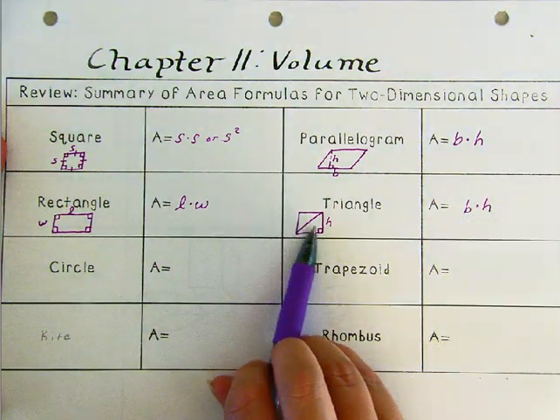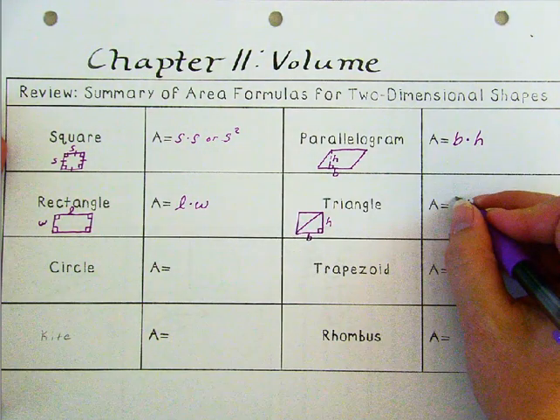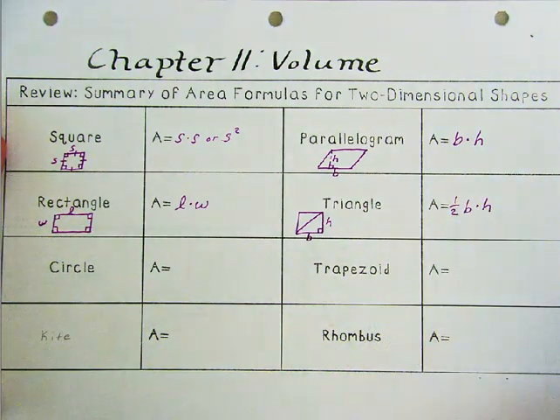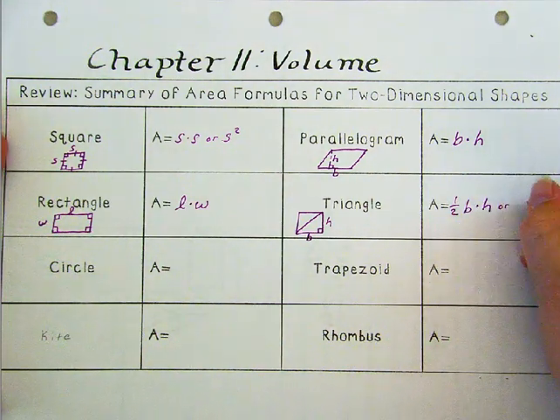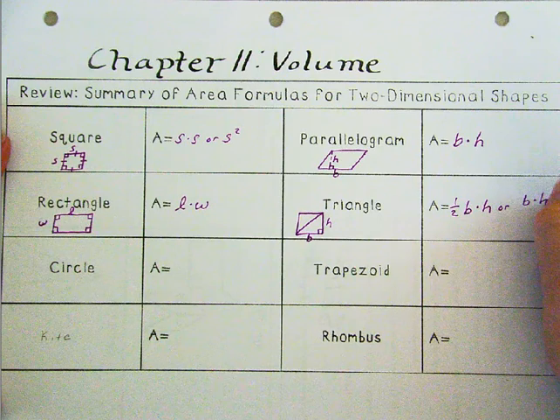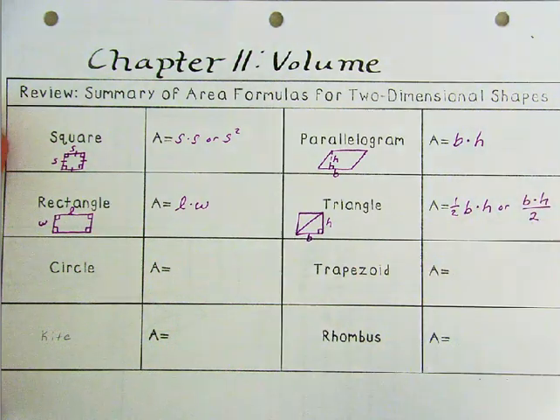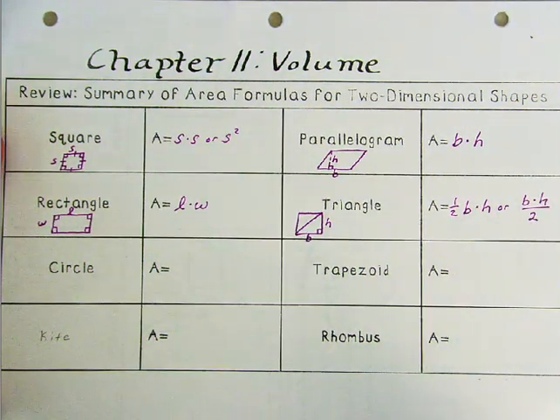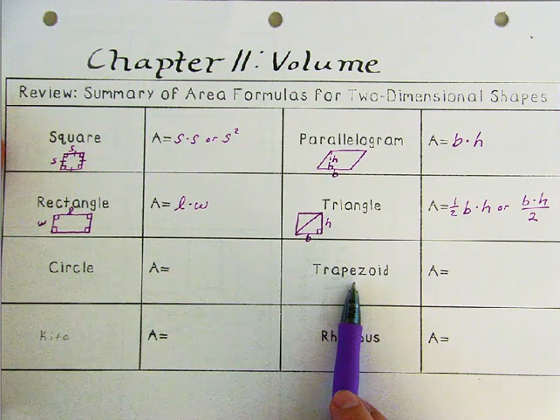But I only want half of it to give me the triangle. So we're going to go 1/2 base times height, or you could even write base times height divided by 2. That would be the same thing.